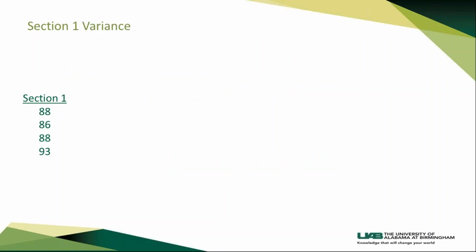So let's break this down and do the variance for section 1, or our first sample. So we have all the values for section 1, and if we get the mean of them, I'm going to call that X bar for section 1. The mean score for section 1 is 88.75.